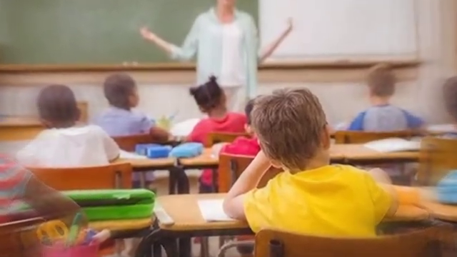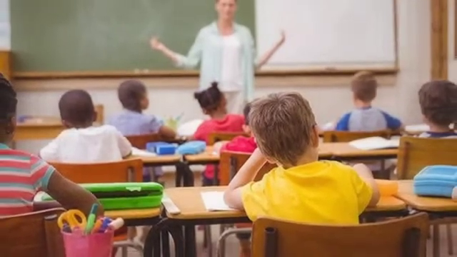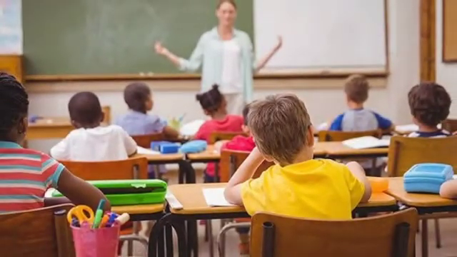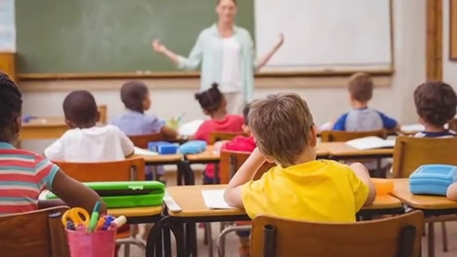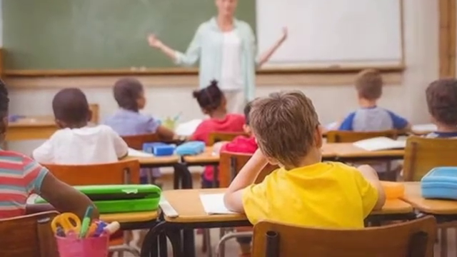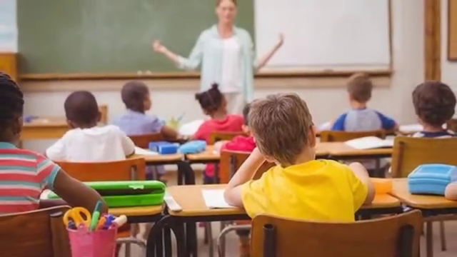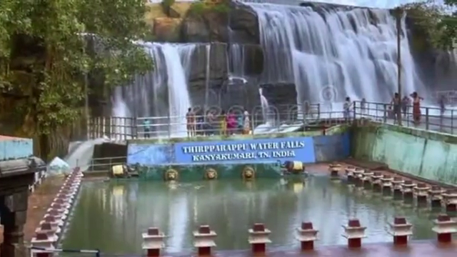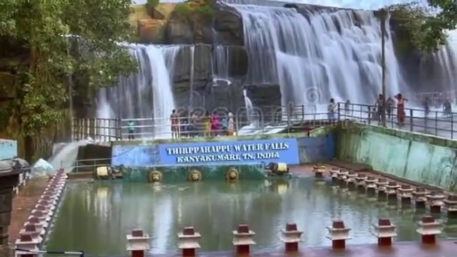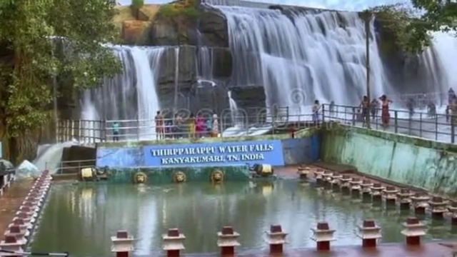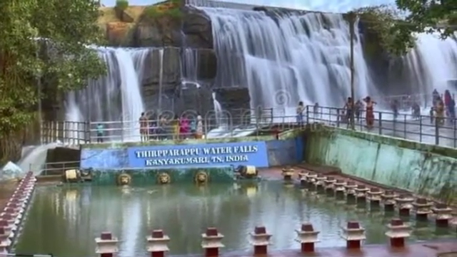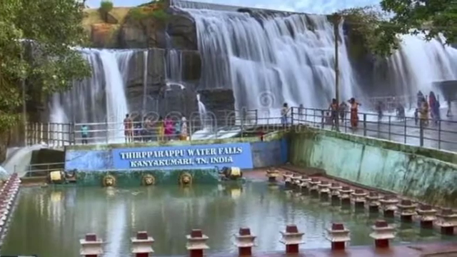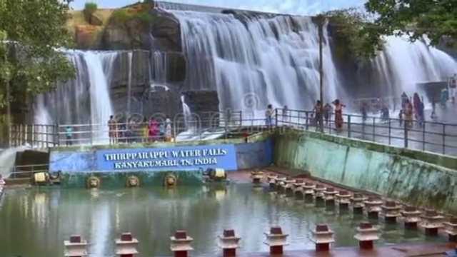I hope all of you are eager to learn about the tourist places in Kanyakumari district. Today I would like to share about Thiruparapu Falls. Have you visited Thiruparapu Falls? I think most of the students visited Thiruparapu Falls.